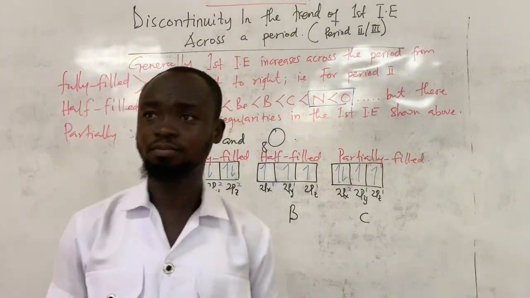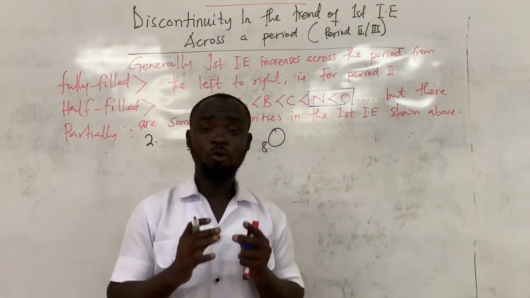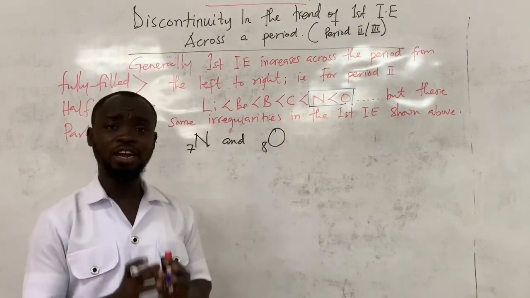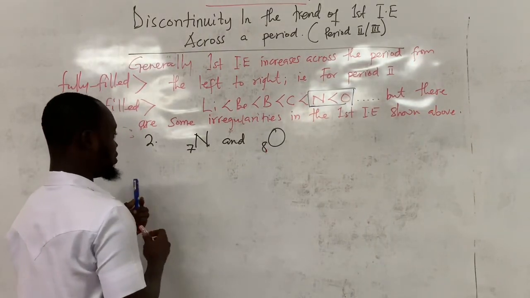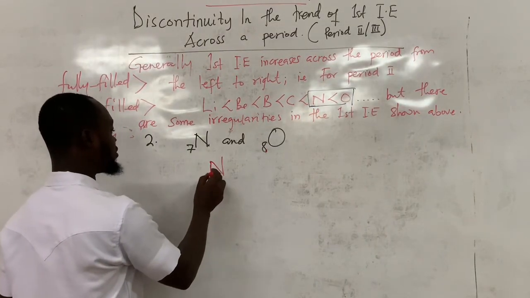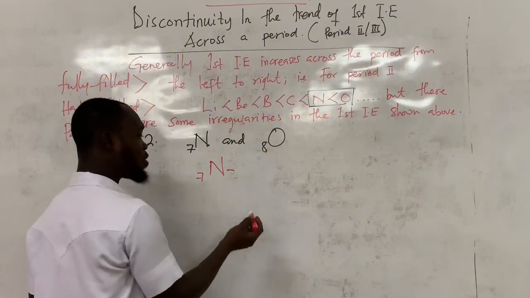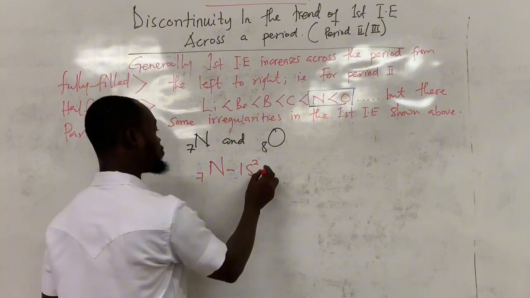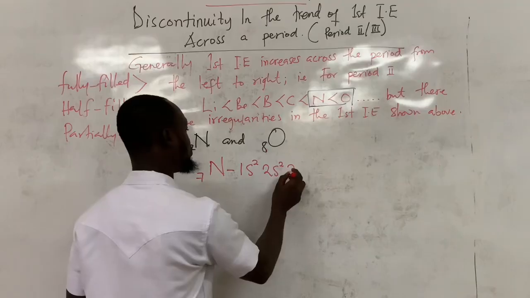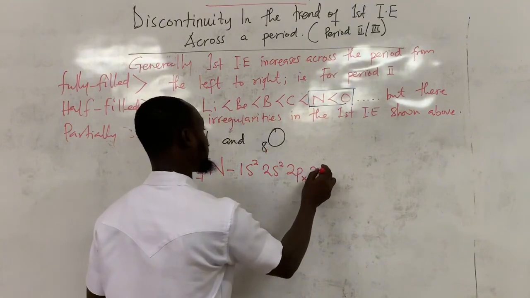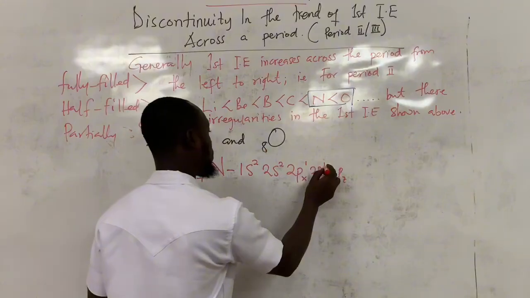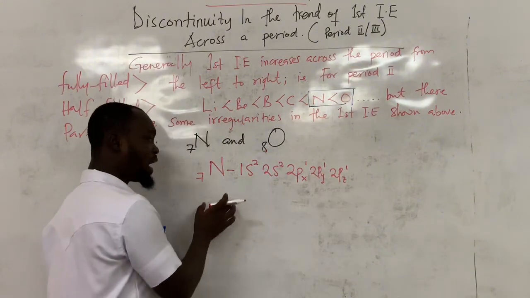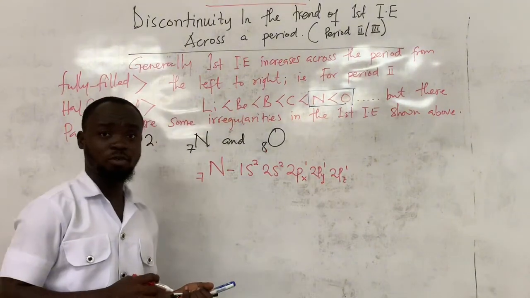Now, considering the electron arrangement for nitrogen and oxygen, let's start with nitrogen. Nitrogen, atomic number 7, has the configuration 1s2, 2s2, 2px1, 2py1, 2pz1. That is applying Hund's rule of maximum multiplicity.